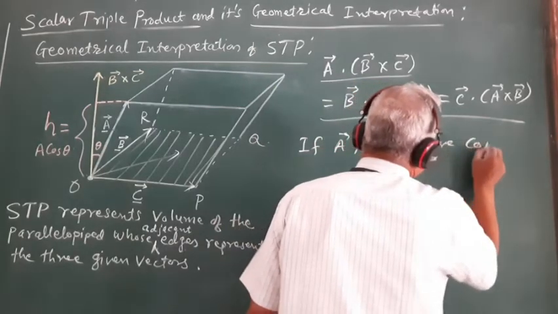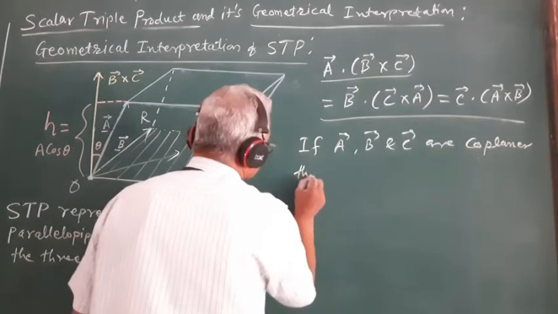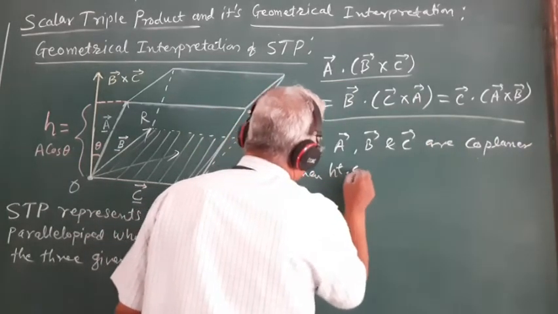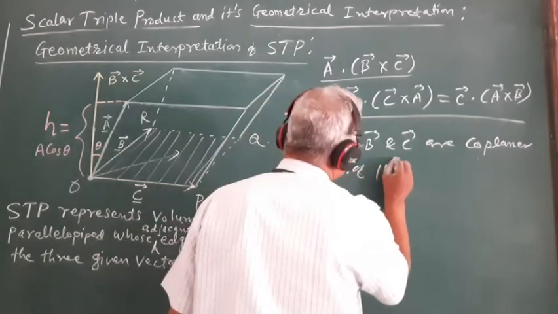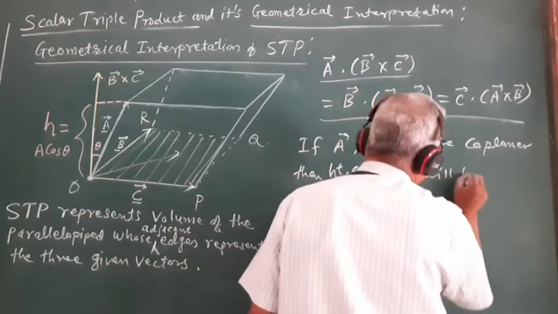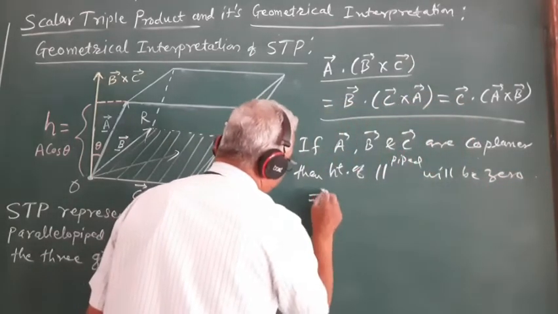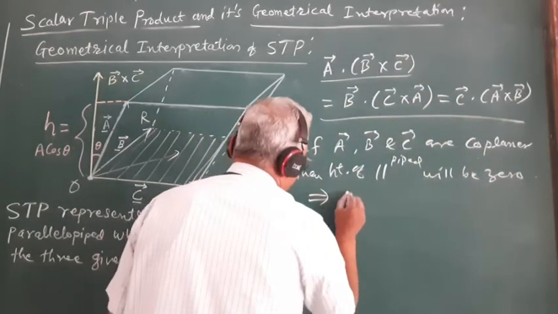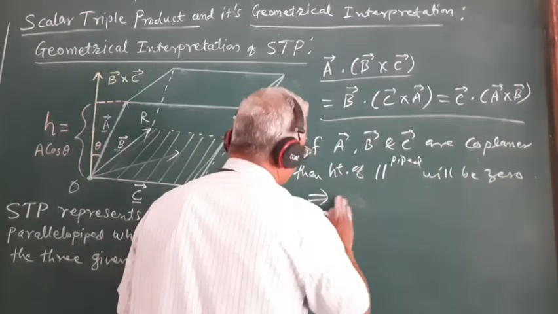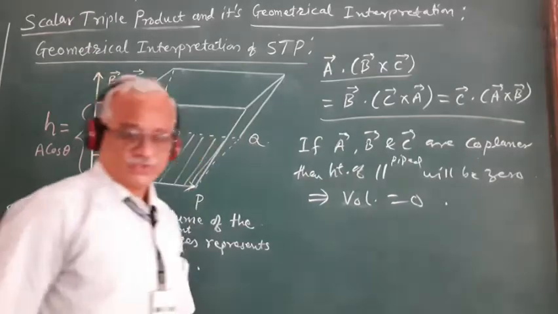So if a bar, b bar and c bar are coplanar, then the height of the parallelepiped will be 0, implying that the volume of the parallelepiped will be equal to 0.